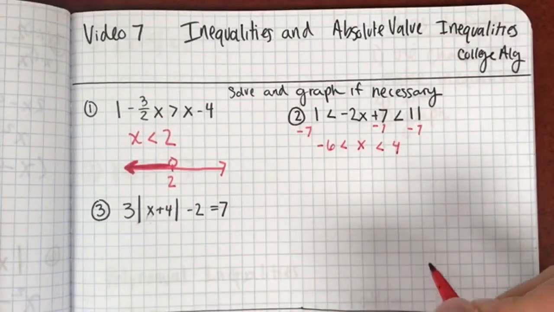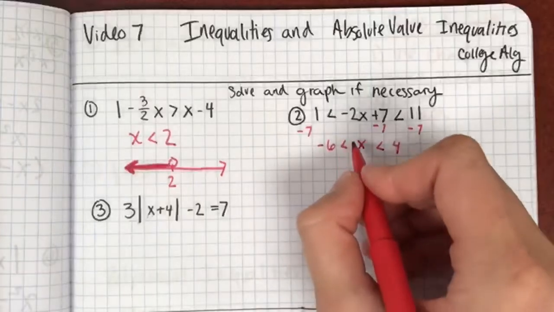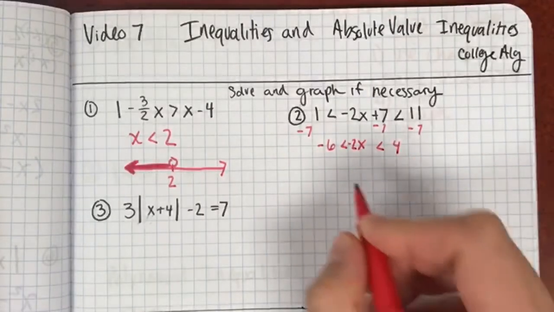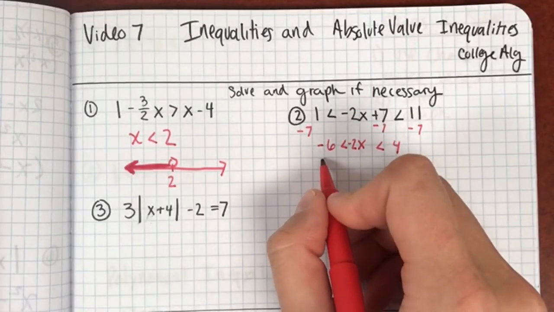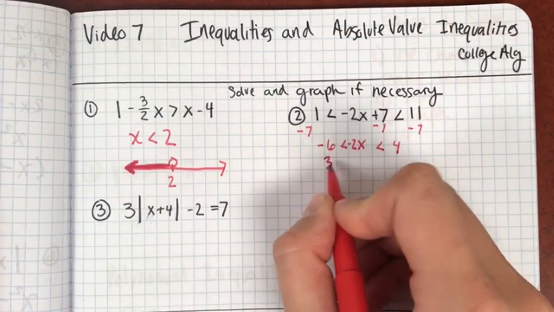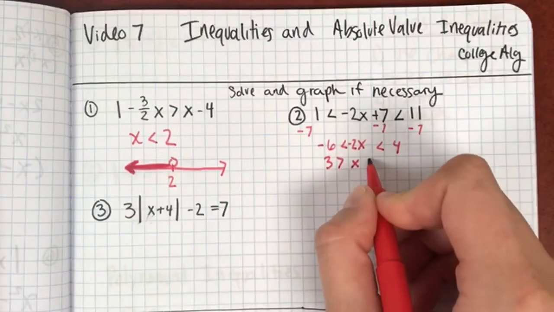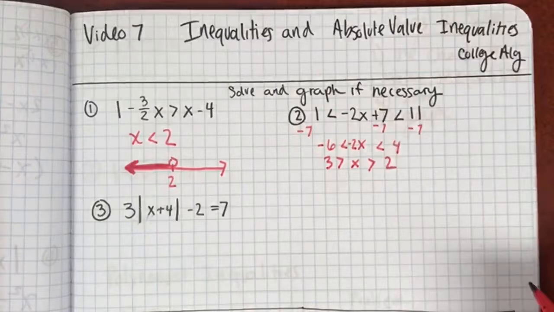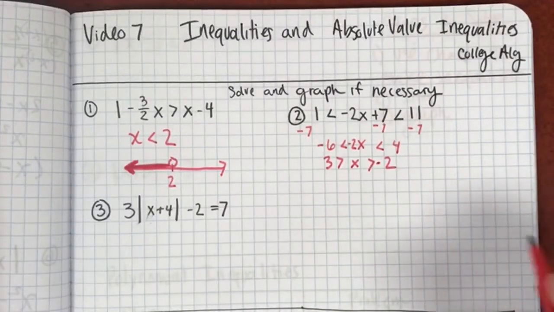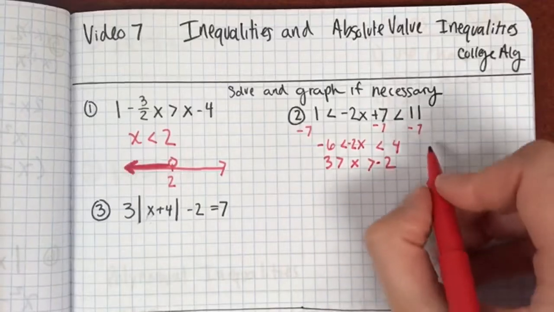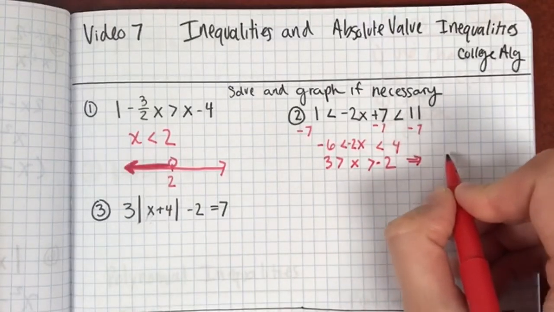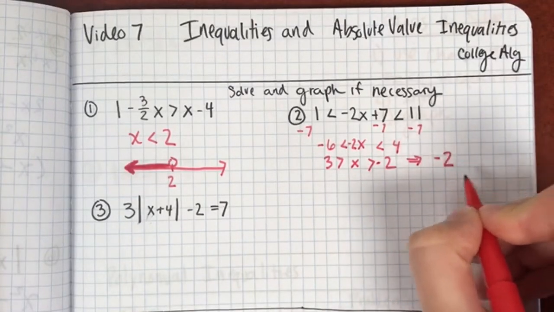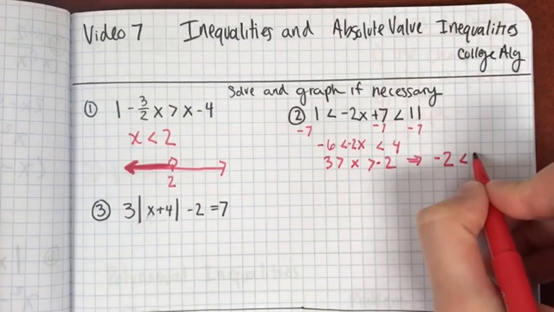All right, and then we divide by, and this is still negative 2. When we divide by negative 2, it flips our signs. So we have this is our answer, but it's a little bit easier if we rewrite this going from smallest to biggest.